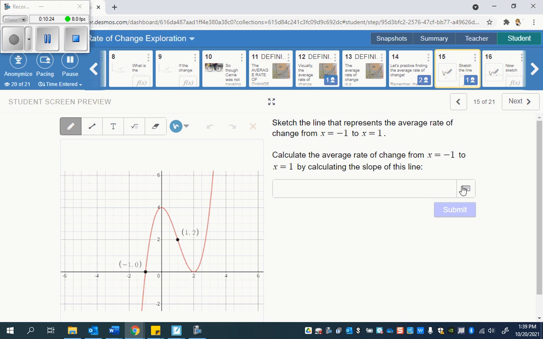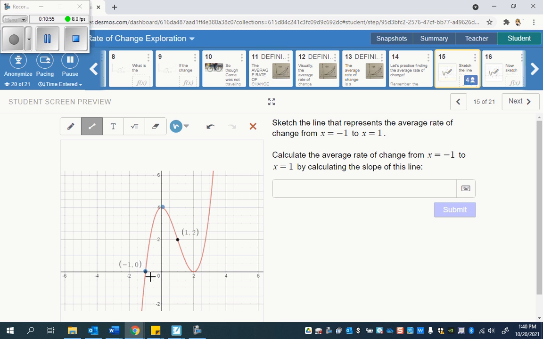So then for these values, you are supposed to sketch a line that represents the average rate of change from x is equal to -1 to x is equal to 1, and then calculate that rate of change. So work with me here so you all understand what we're doing. If I have an input of -1, it's right here. And if I have an input of 1, it's right here.